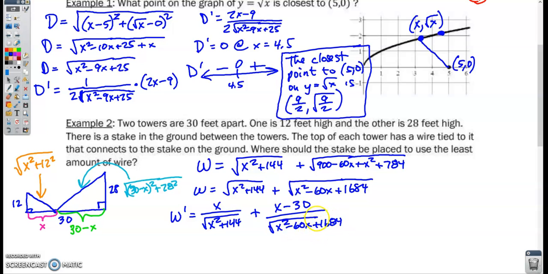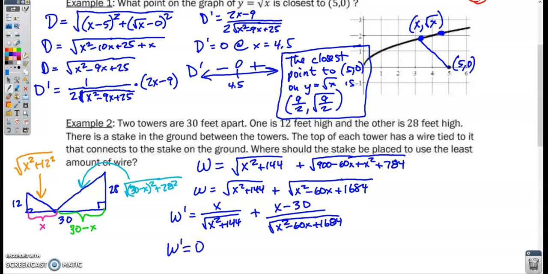So I applied the chain rule and canceled all that stuff out in my mind. This was 1 over 2 square root of x squared plus 144 times 2x. This was 1 over 2 times the square root of x squared minus 60x plus 1684 times 2x minus 60. And then we canceled the 2's from the denominator with what's in the numerator. And now we want to set that derivative equal to 0.